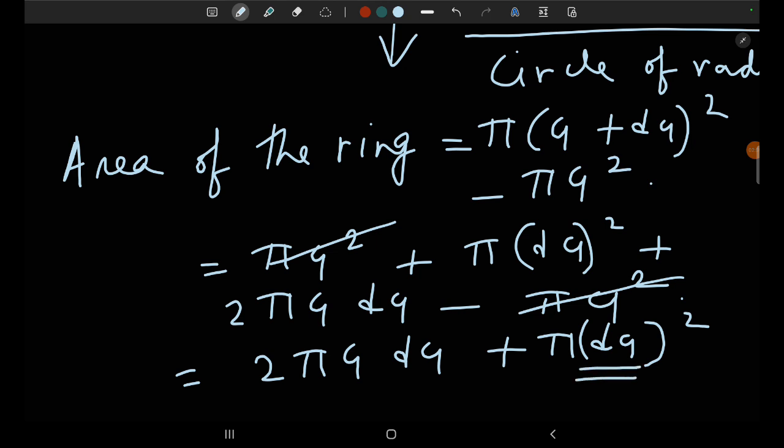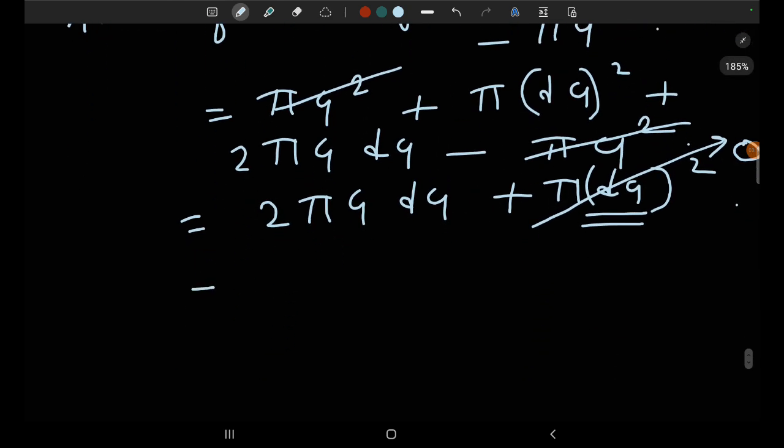Now dc1 was an infinitesimal quantity, very close to 0. When we square it, it goes even closer to 0, so we can neglect its effect, and the area was 2 pi c1 dc1.